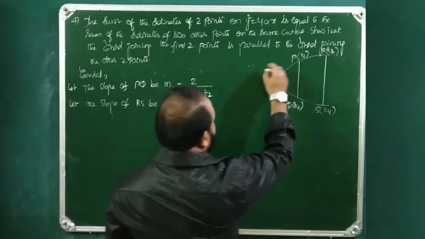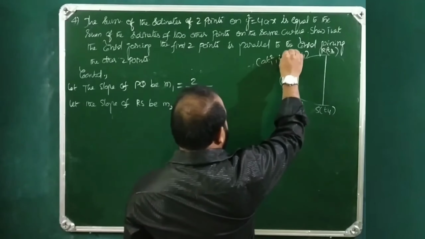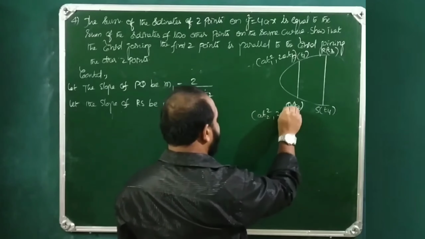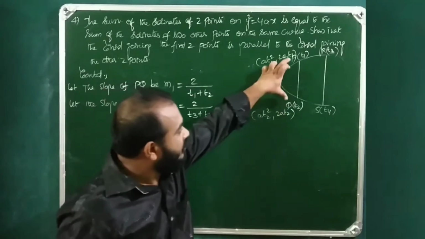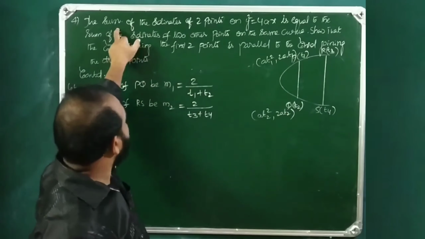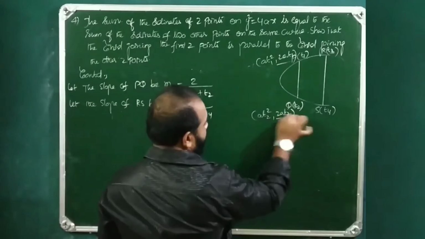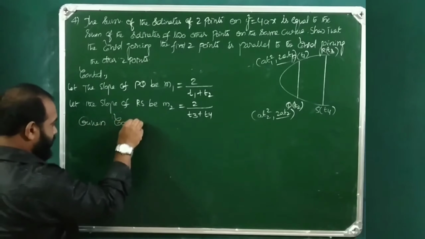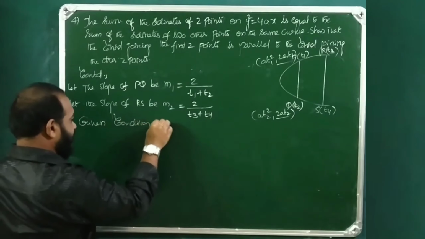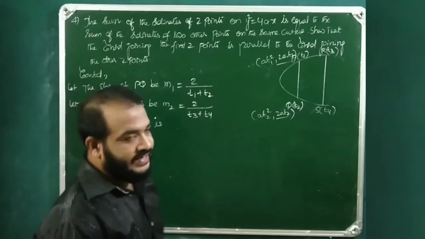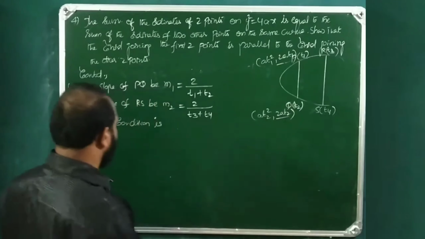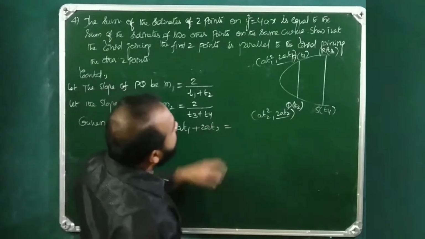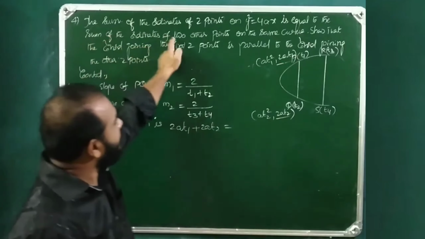So P is (at1 square, 2at1) and Q is (at2 square, 2at2). The first 2 points are these. So the given condition is the sum of the ordinates, that means 2at1 plus 2at2 is equals to the sum of the ordinates of other 2 points.